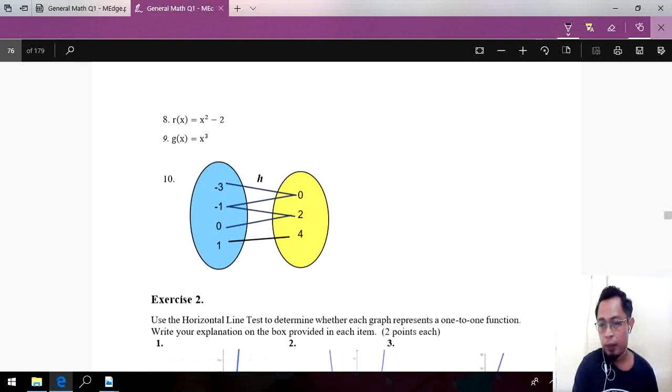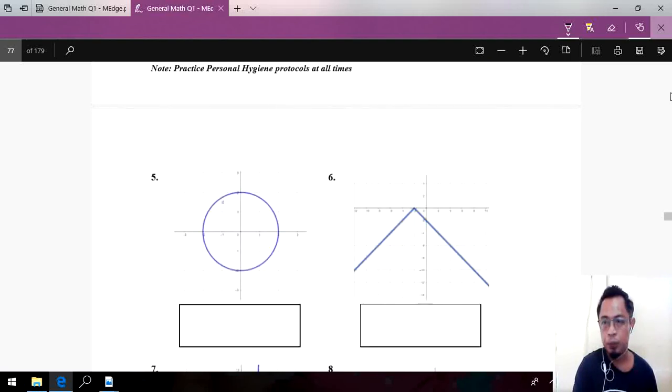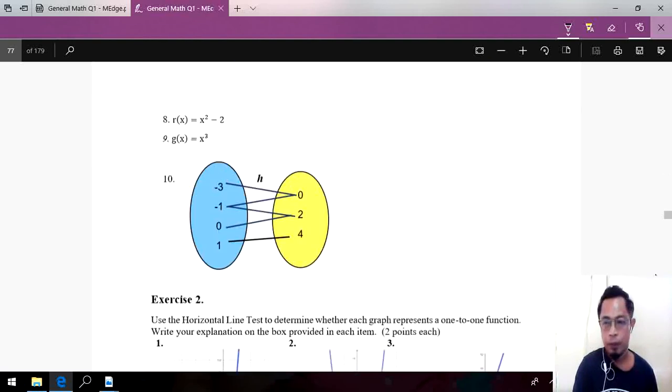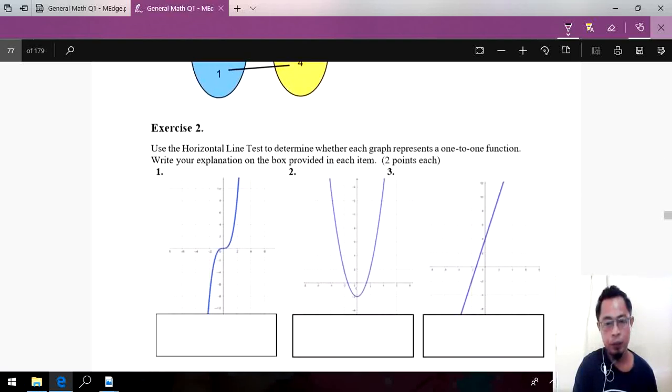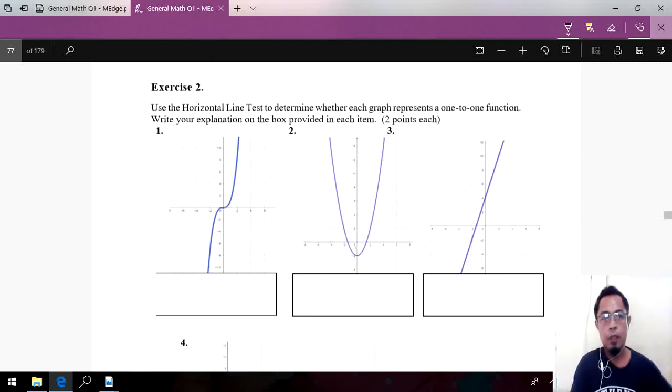Now, let's try to have this exercise 2. I'm going to solve some of this, and you will continue with the other problems. So in this exercise, we use the horizontal line test to determine whether the graph represents a one-to-one function. In example number 1, if I'm going to draw a horizontal line, it intersects only one point.